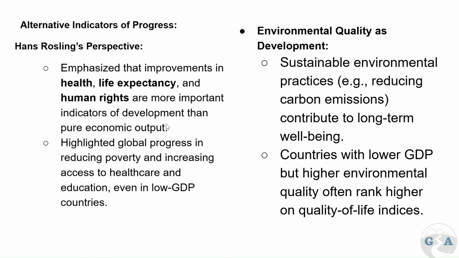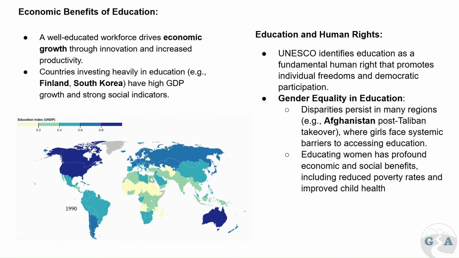And we can see that an increase in environmental quality decreases the impacts of the environment on well-being and increases the quality of life. So the economic benefits of education we can see derived from the growth and the innovation in productivity. Throughout the areas here, we can see the 90s into the 2000s and right up until 2019.